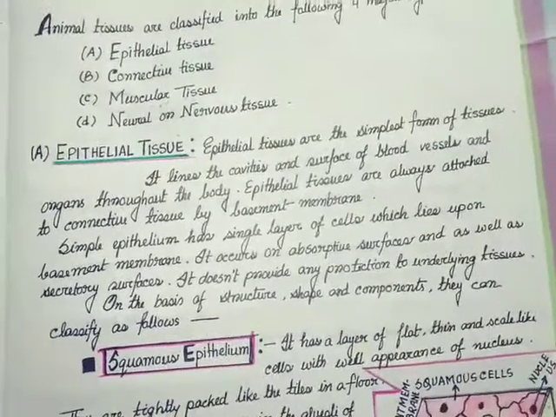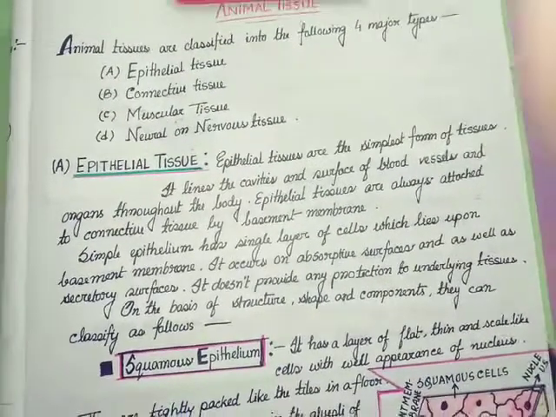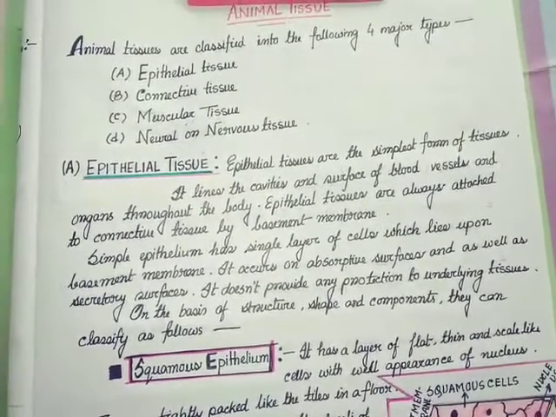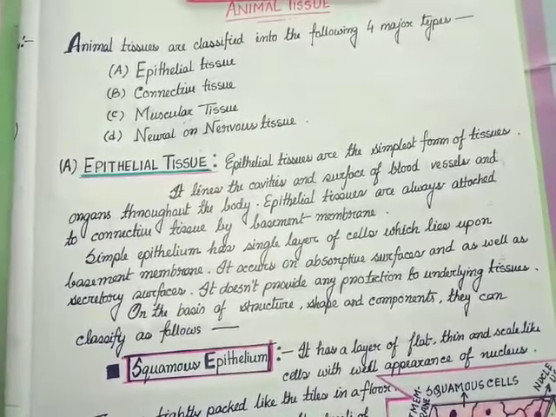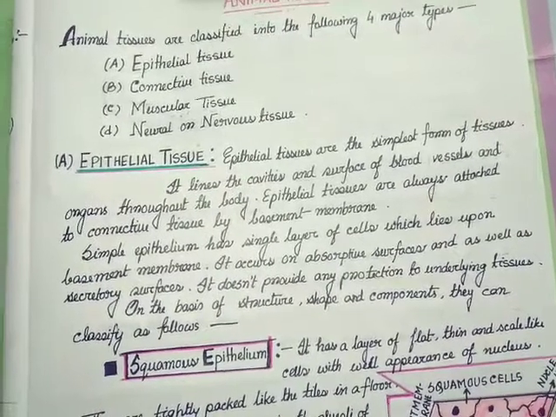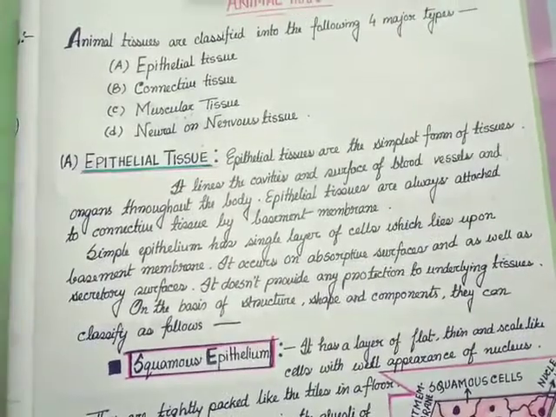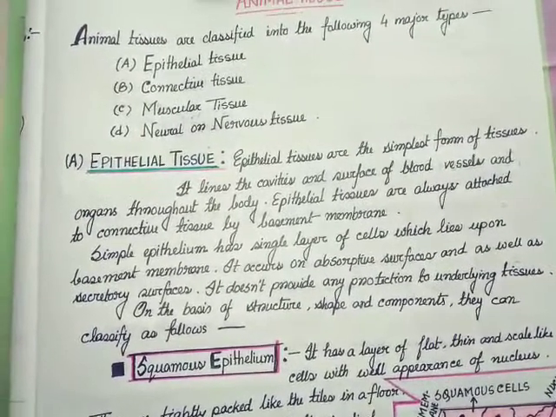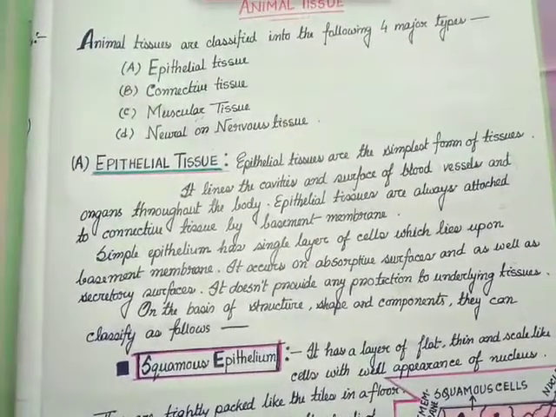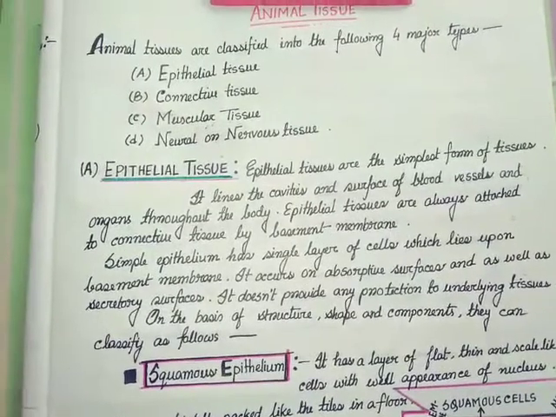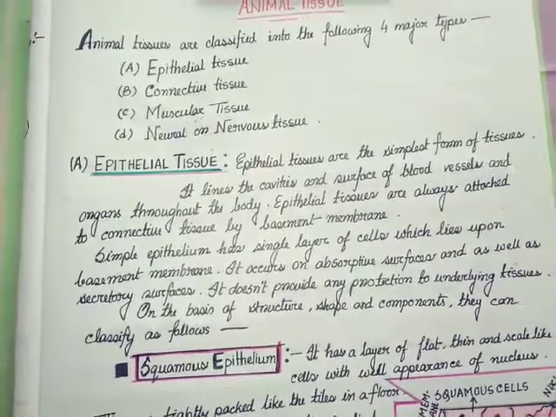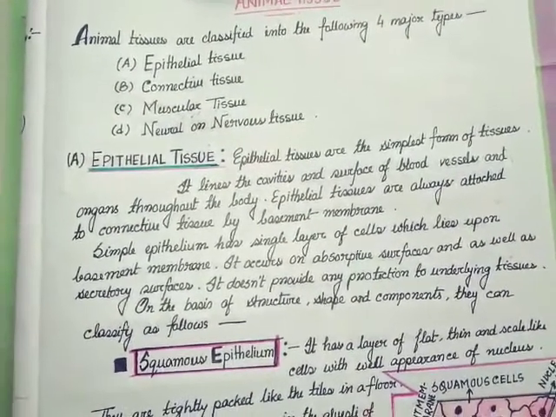So what is the epithelial tissue? Epithelial tissue forms continuous sheets of cells which are closely packed, and they do not have any intercellular spaces in this tissue, and they mostly cover the external surface of the body or the skin or the body organs.